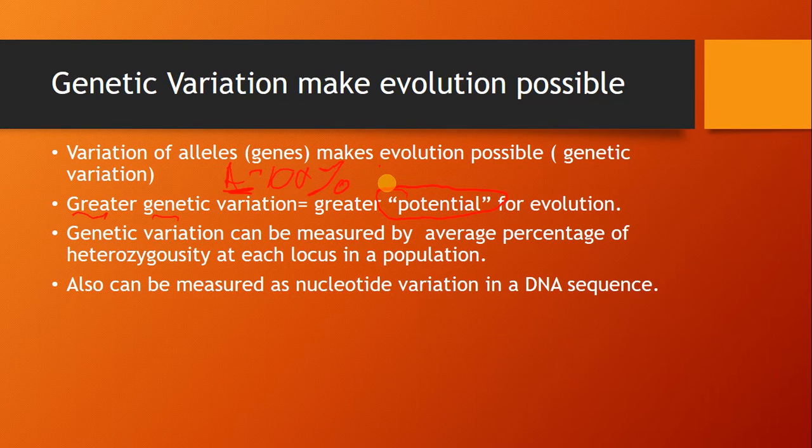There are two ways we can measure genetic variation. It can be measured by the average percentage of heterozygotes at each locus in a population. So for example, if we're looking at the beak depth locus from the last slide, with A deep and recessive a shallow, we can measure genetic variation by saying at this locus 34% of the birds are heterozygotes.